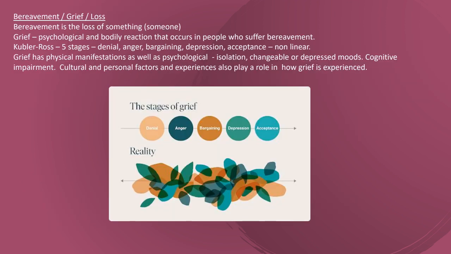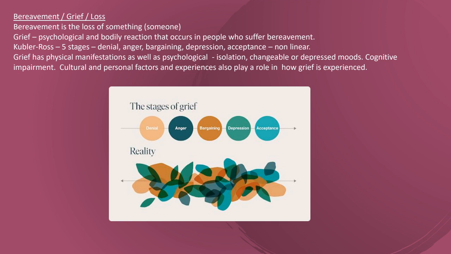And the final part of the life cycle is being able to cope with grief, being able to cope with bereavement, where we lose something or someone. Grief is a reaction that people have when there is a bereavement. It's sort of an emotional pouring of loss, and there are 5 stages of grief.